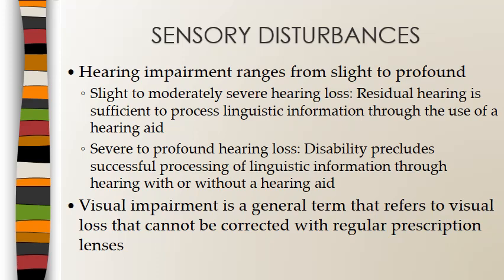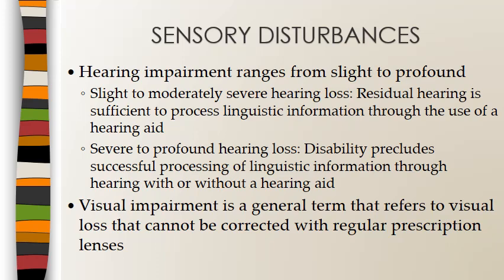Next, we're going to talk about sensory disturbances, and this includes both hearing and visual impairment. Hearing impairment can range from slight to profound. You can have slight to moderately severe hearing loss, which will be residual hearing loss sufficient to process the linguistic information through the use of a hearing aid.